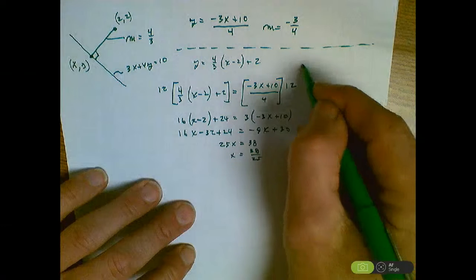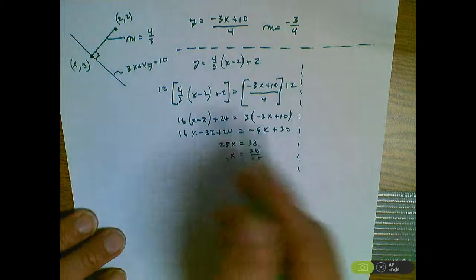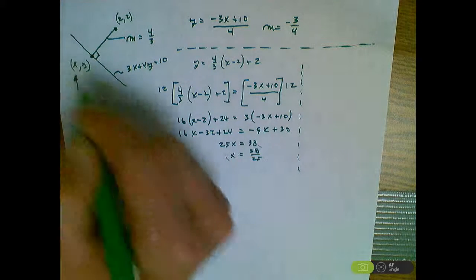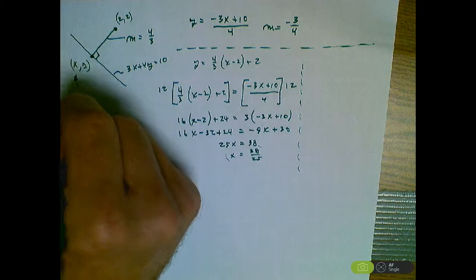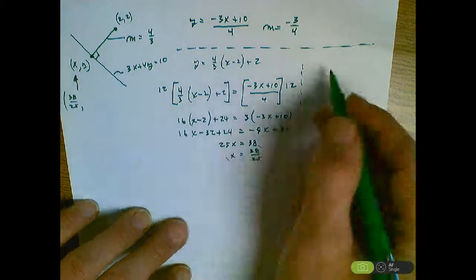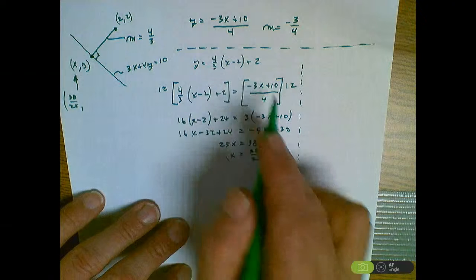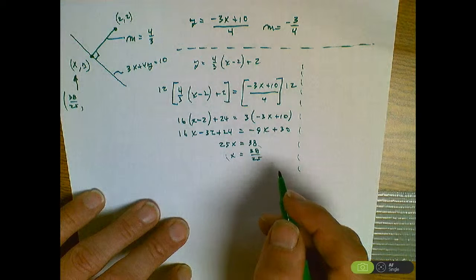Now I'm going to solve for y, because that value is the x coordinate here, 38 over 25. For the y, I'm just going to substitute into what I think is the easier of the two, though neither one looks nice.